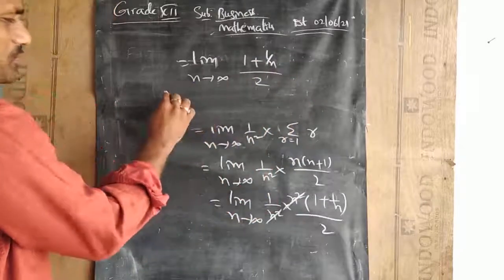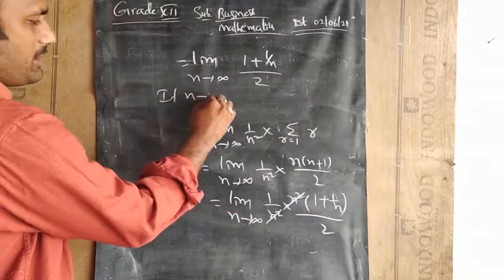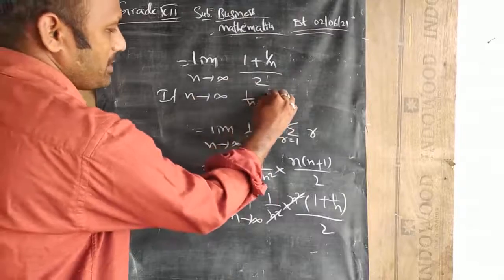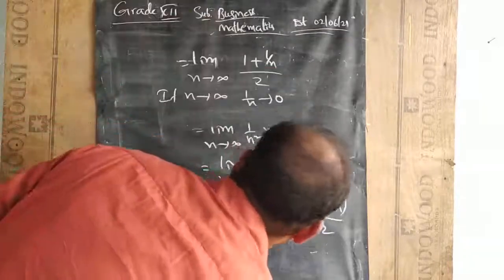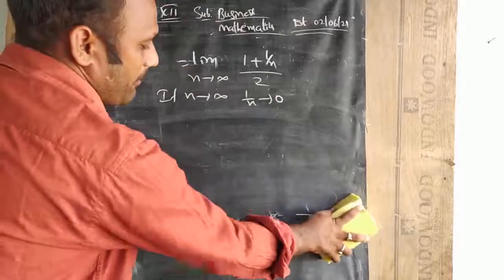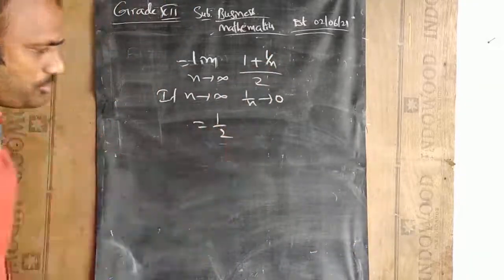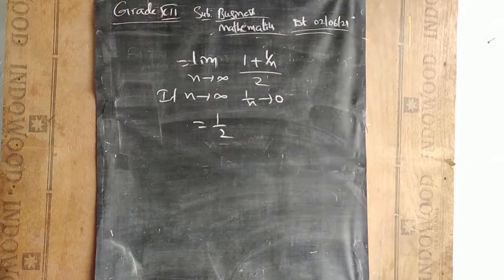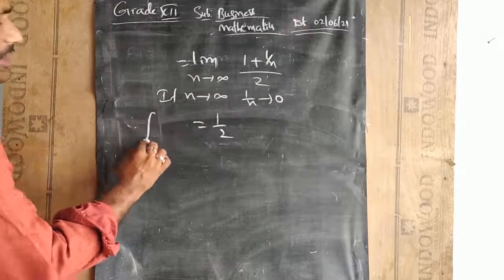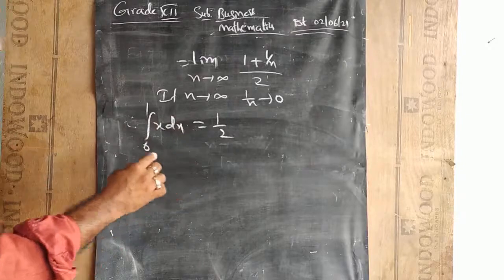If n tends to infinity, it means 1 by n tends to 0. As per the limits formula, we can apply this rule. So 1 by n means 0, so the answer will become 1 by 2. Therefore we can write integral 0 to 1 x dx as 1 by 2.